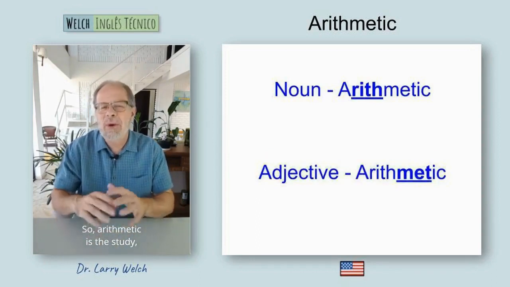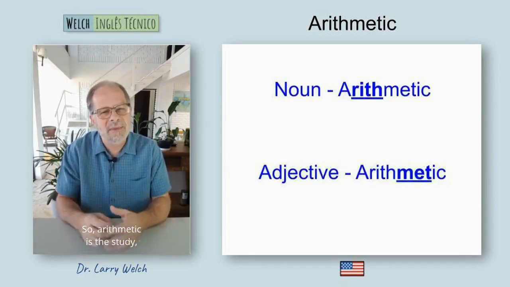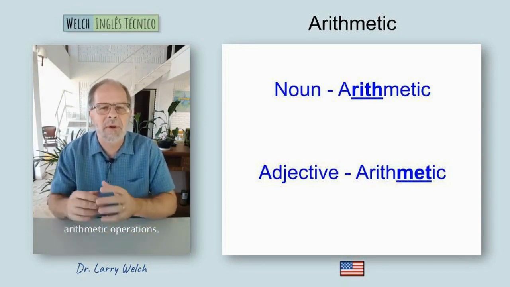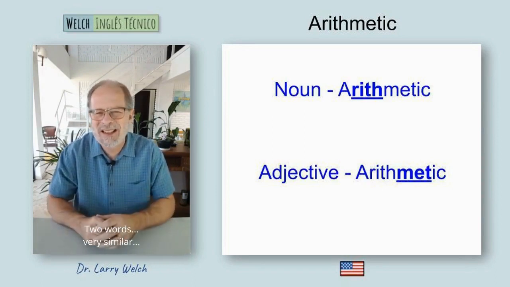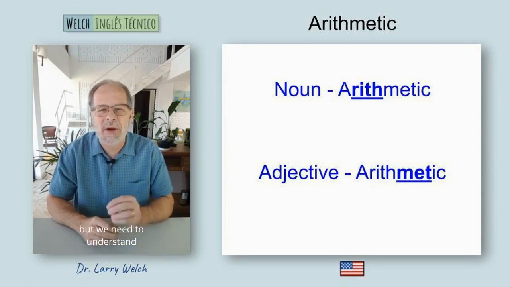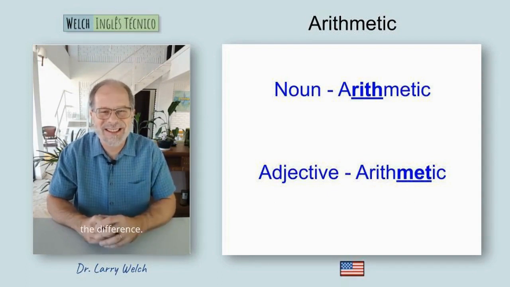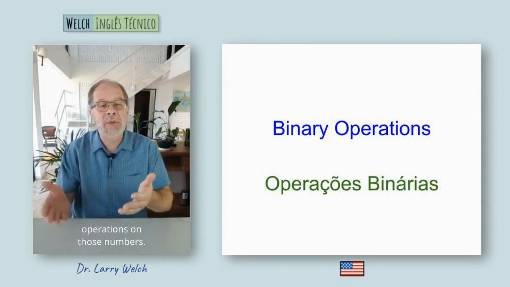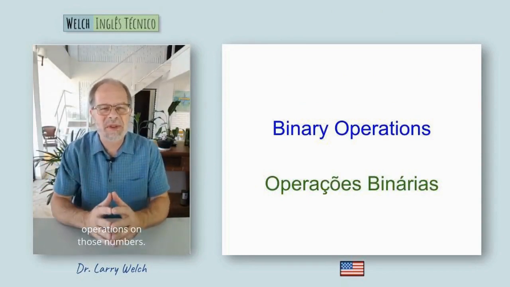So, arithmetic is the study, but the operations, we call them arithmetic operations. 2 words, very similar, but we need to understand the difference. Arithmetic studies numbers and the operations on those numbers.